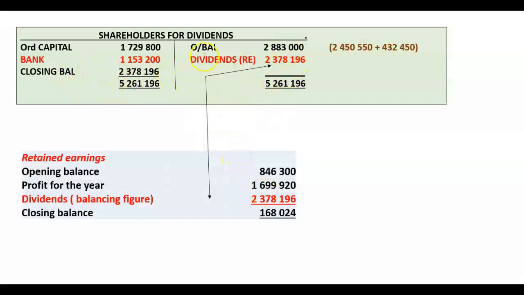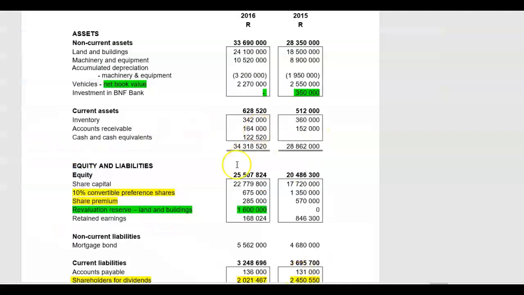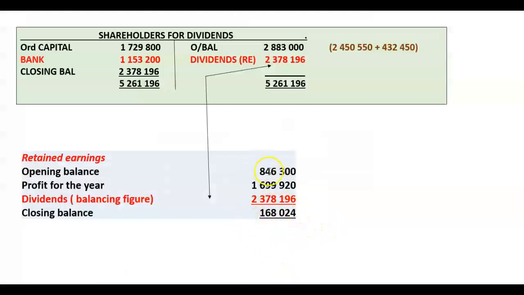Just to check whether there were not additional dividends declared for the year, you must have done your retained earnings calculation. So my retained earnings at the beginning of the year was 846,300, and at the end of the year it was 168,024.